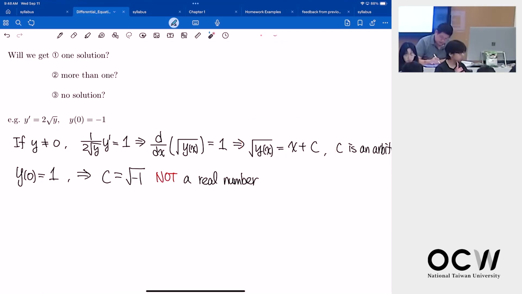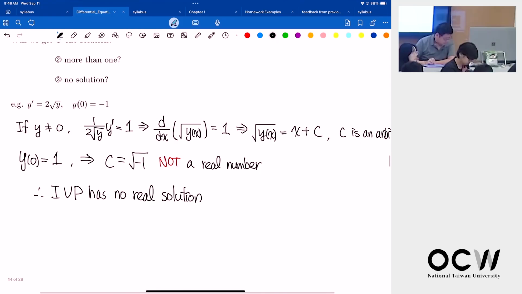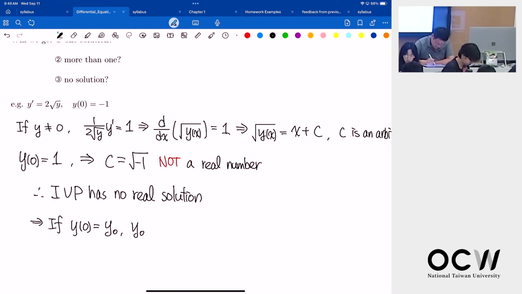But for the initial value problem, we cannot get the real solution. So the initial value problem has no real solution. And also that means if the initial condition y of 0 is less than 0, then no solution.